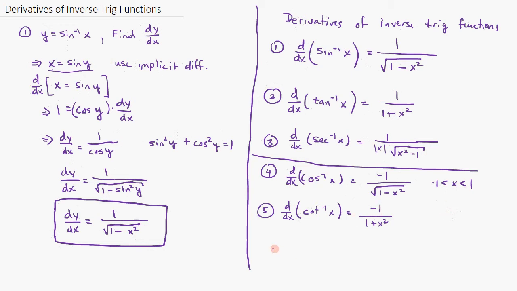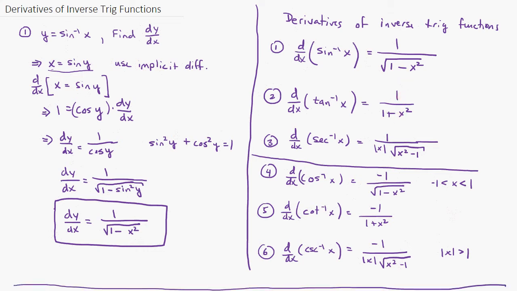Here x can be anything. And derivative of inverse cosecant is equal to minus 1 over the absolute value of x times the square root of x squared minus 1. Here the absolute value of x has to be bigger than 1. But again, these are the three most important ones, so these are the formulas that you should memorize.